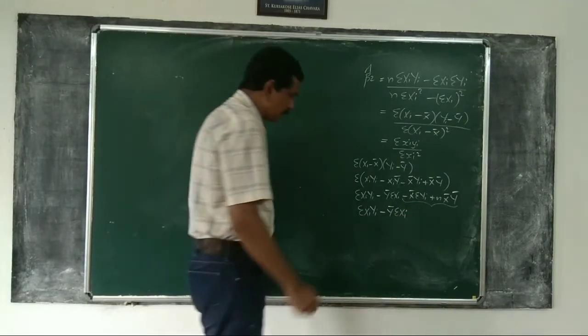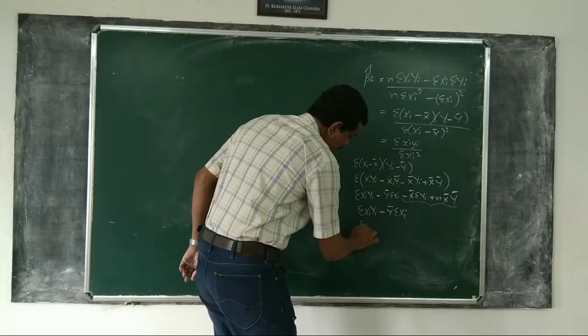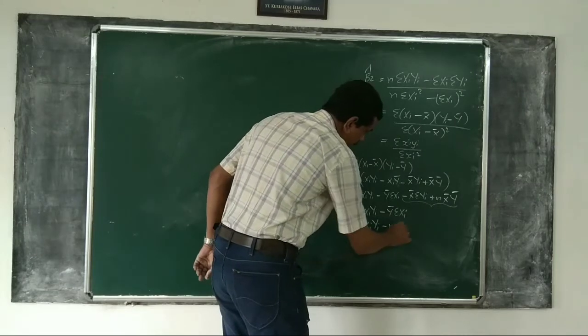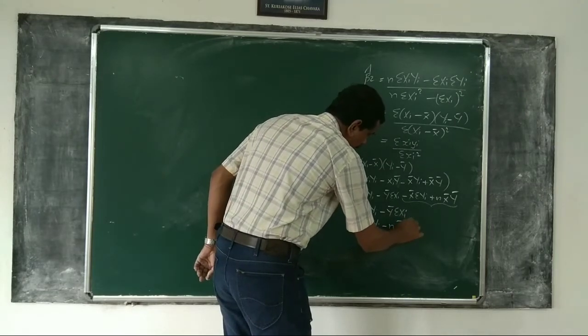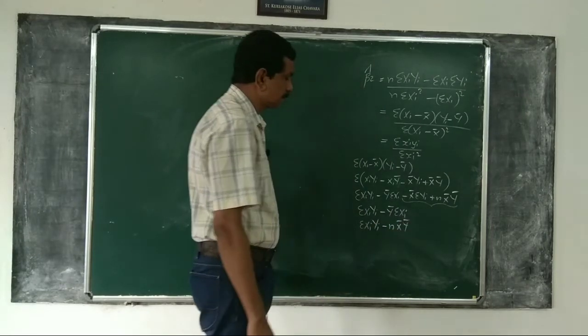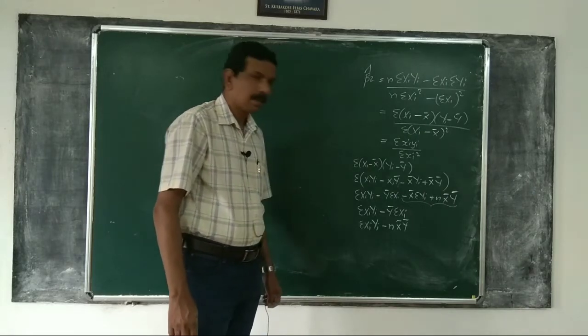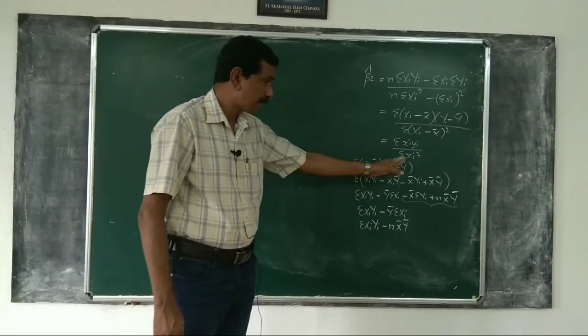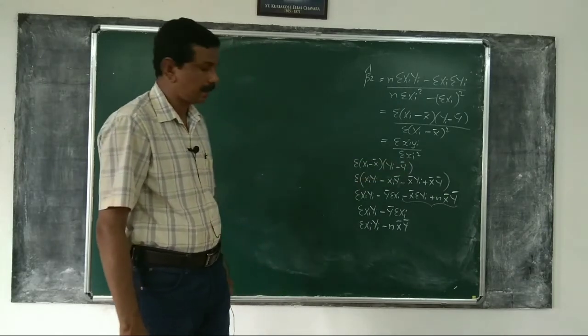This can also be written as sigma xi yi minus n into x bar y bar. That is a second expression for sigma xi minus x bar into yi minus y bar.